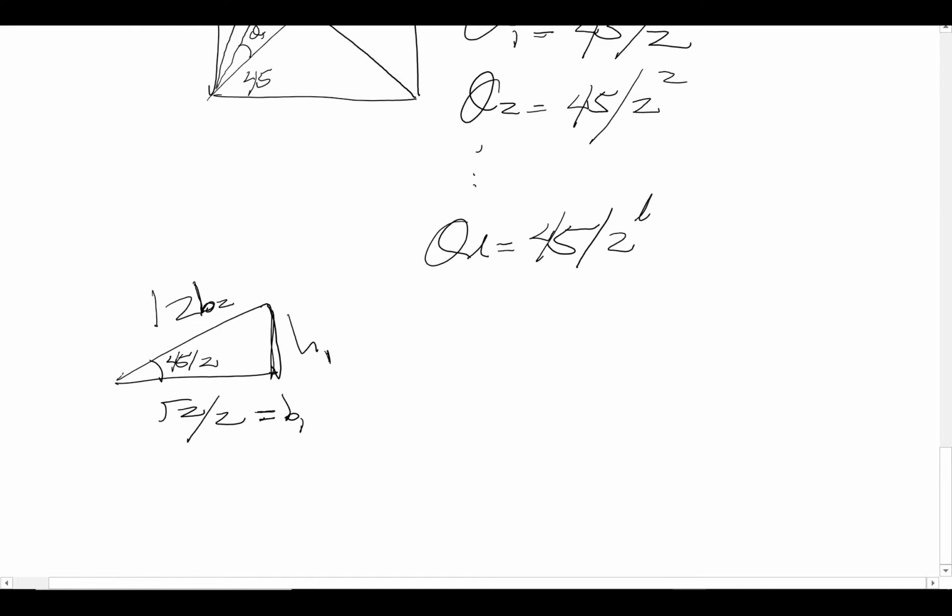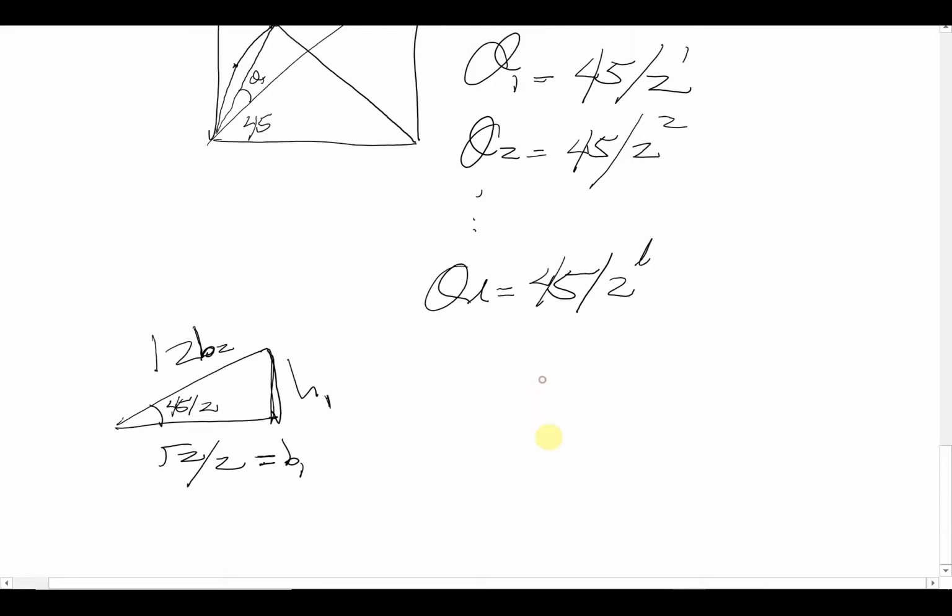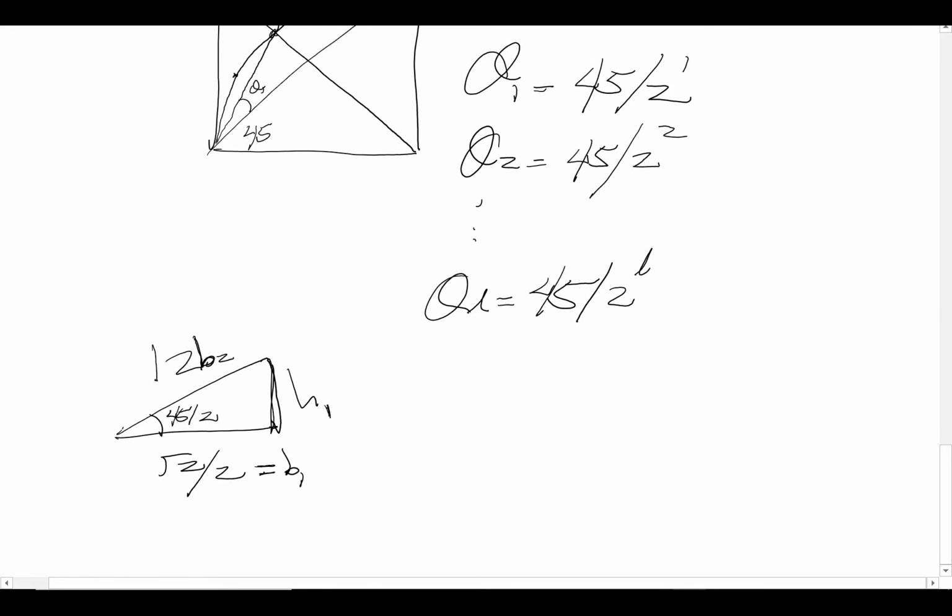Using these relations, it's key. You can build an iterative formula, using geometry or using trigonometry and the angle. If we take the sine, remember SOHCAHTOA, the sine is opposite over hypotenuse.